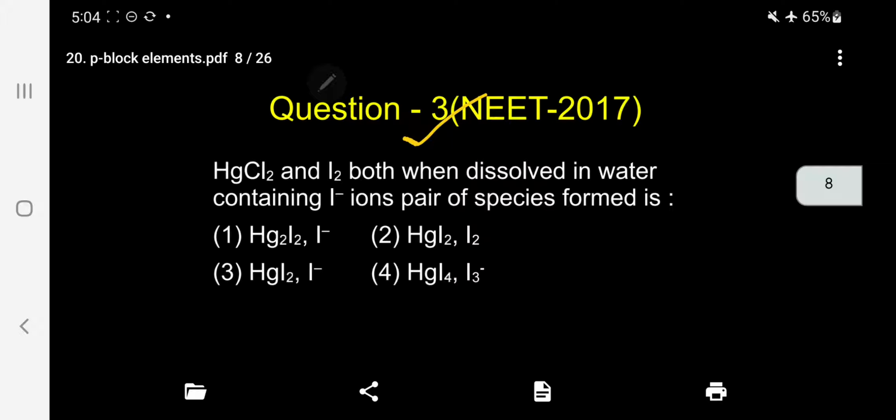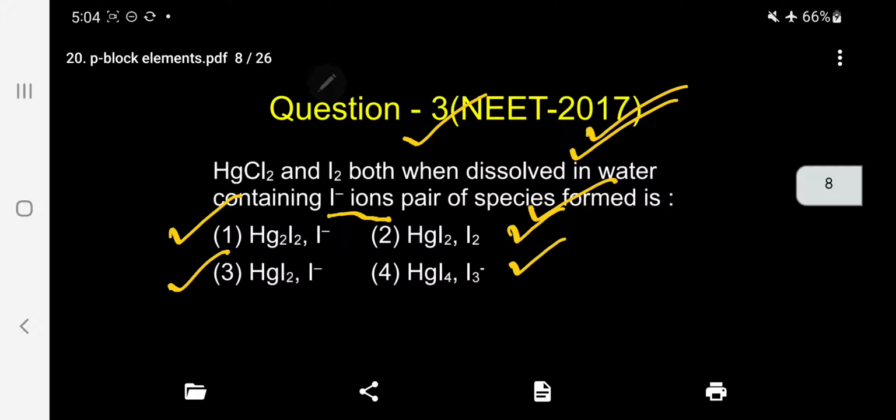This was asked under NEET 2017. Mercury chloride and iodine, both when dissolved in water containing I minus ion, say for example potassium iodide, the pair of species formed is: A, Hg2I2 and I minus; B, Hg2I2; C, HgI2 and I minus; 4, HgI4 2 minus and I3 minus.